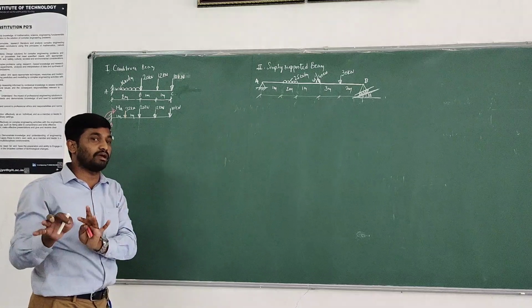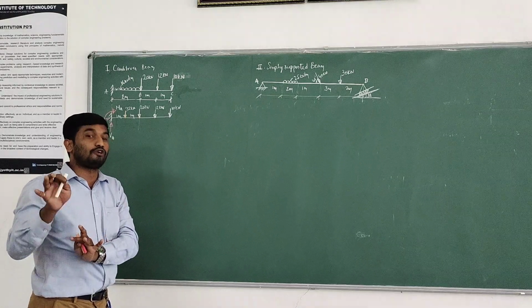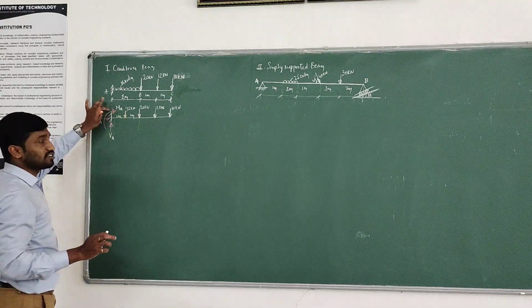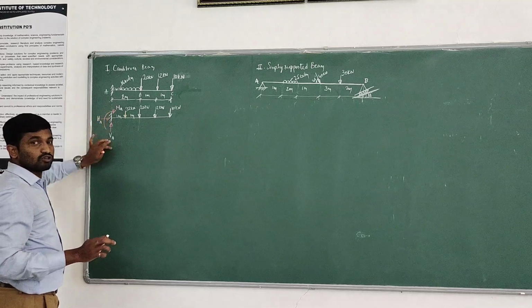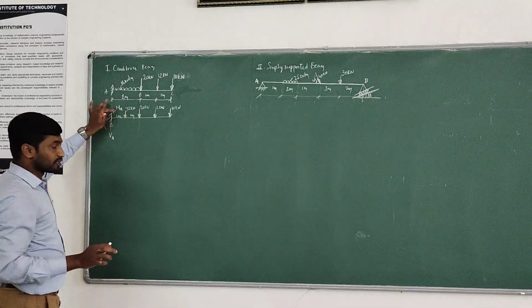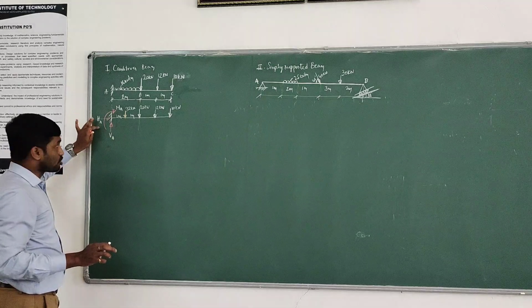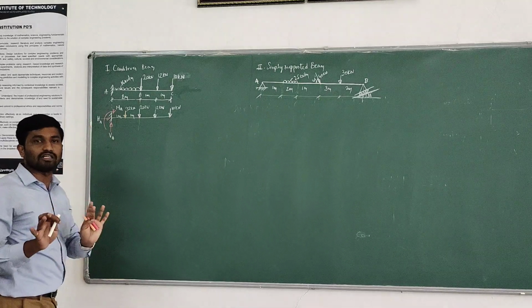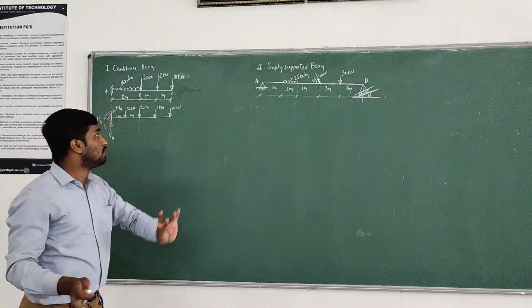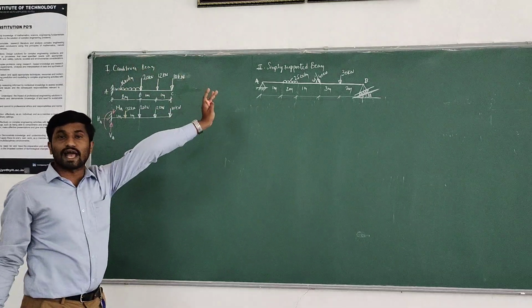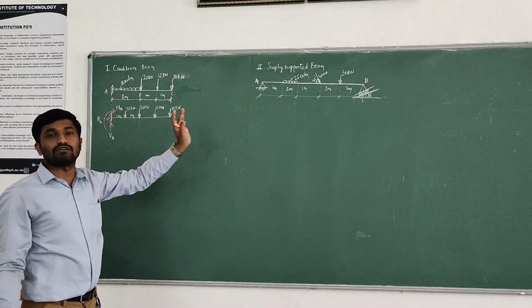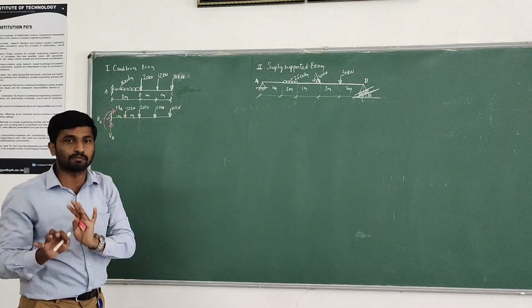The ultimate aim of the problem is to find these unknown reactions, these possible unknown reactions at supports. Determine reactions VA, HA, MA. That is the ultimate aim of the problem. Determine the unknown reactions at supports for the cantilever beam shown in the figure. That is the problem.